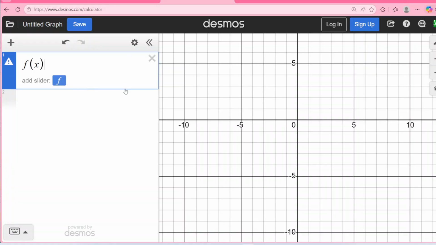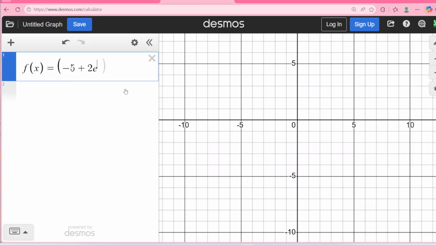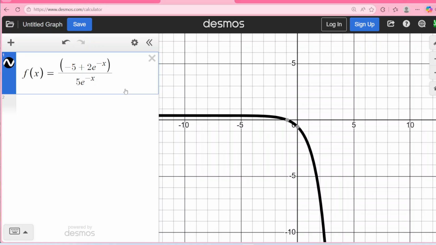F of x equals, now the numerator was negative 5, well, I'll just put it the way they originally had it, plus 2 times e to the opposite of x power, divided by 5e to the opposite of x plus 6.